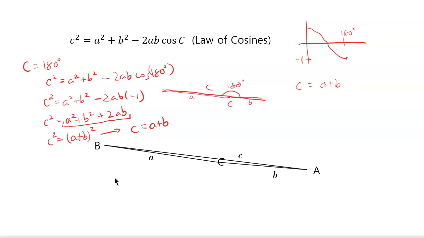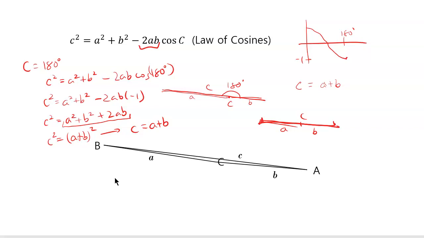So the reason you have this 2ab is so that when you end up with 180 degrees, you do get a squared plus b squared plus 2ab. The formula just means that if you have a straight line and you break it into two parts a and b, then the sum of a and b would be the length c, which connects these two opposite endpoints.